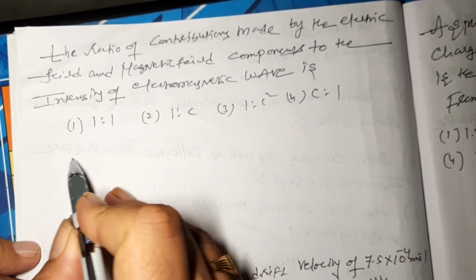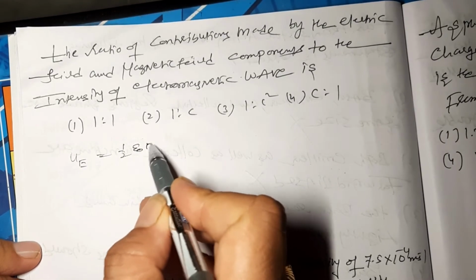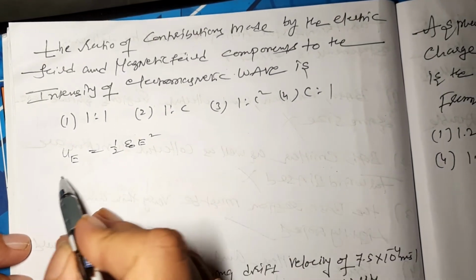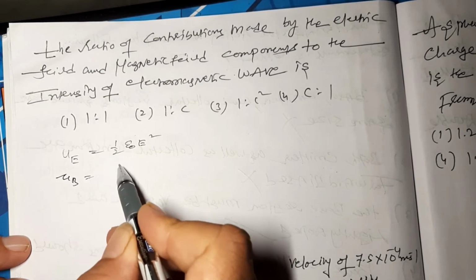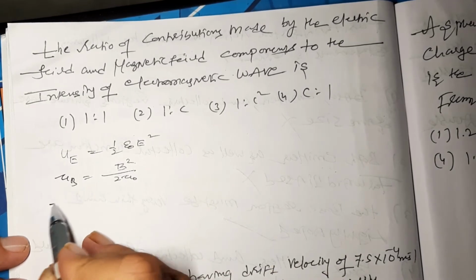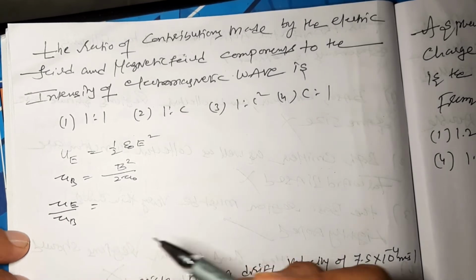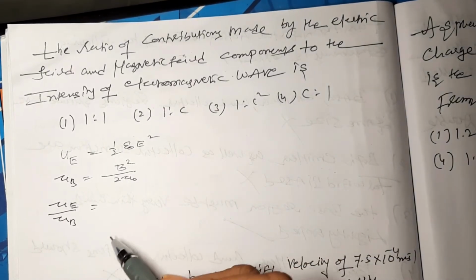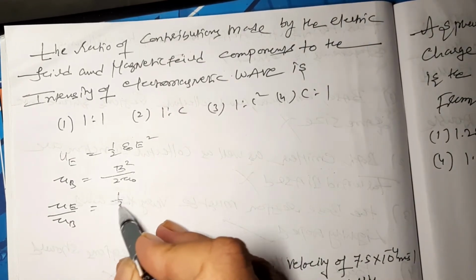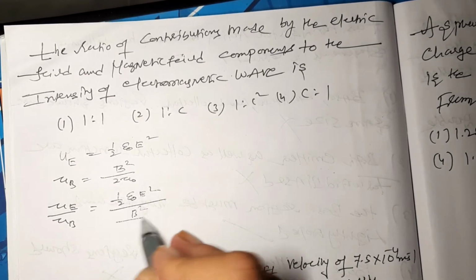The energy density of electric field component is equal to half epsilon naught E square, and the energy density of magnetic field component is equal to B square by 2 mu naught. Now take the ratio UE by UB: half epsilon naught E square by B square by 2 mu naught.